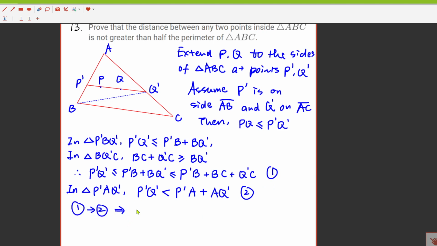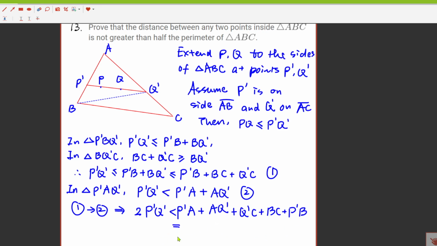This gives us 2 P prime Q prime must be less than P prime A plus A Q prime plus Q prime C plus BC plus P prime B, right?